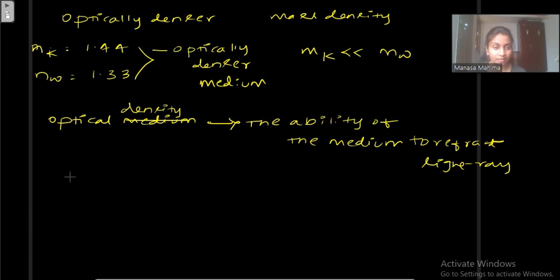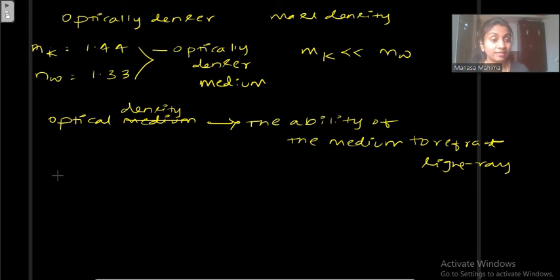And while we are explaining this concept, we are using the rarer and denser medium, right? What is rarer? The speed of light. If the speed of light is more, then we call that medium a rarer medium. And if the speed of light is less, then we call that medium a denser medium, right? It is not just rarer or denser.